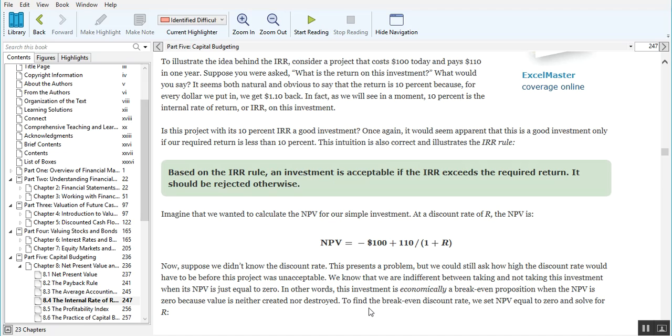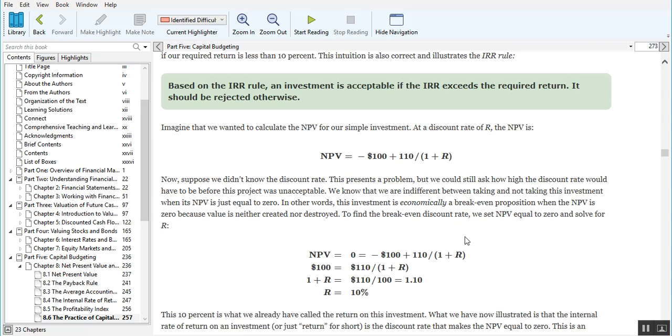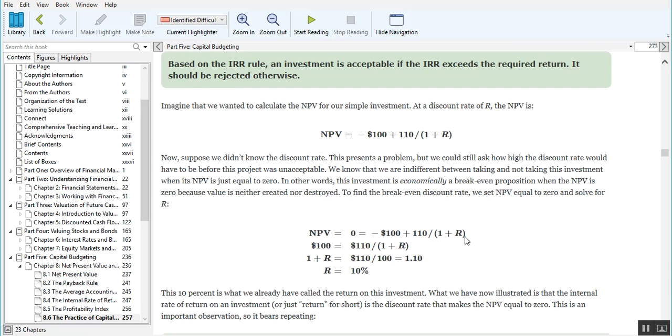If we wanted to calculate the net present value for a simple investment, we invest in a project for $100 and it pays $110 in 1 year. What's the rate of return? Well, the net present value of that is negative 100, because it's outlay, plus 110, that's income, divided by 1 plus R, where R is the rate of return. So we're going to solve for R in this case, and using this simple calculation, we get a 10% rate of return.